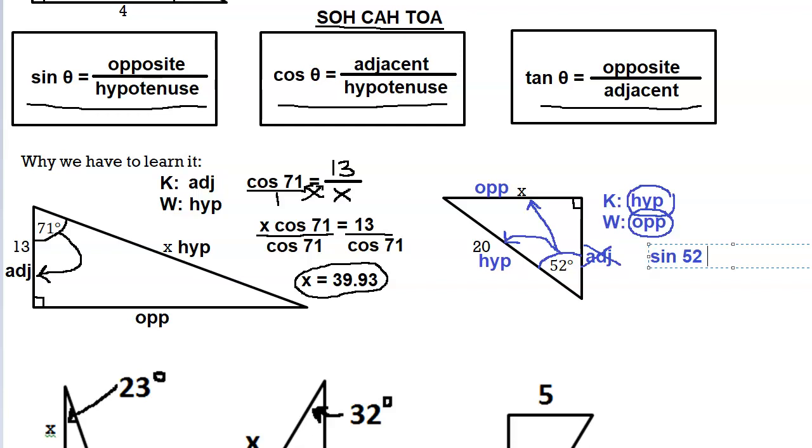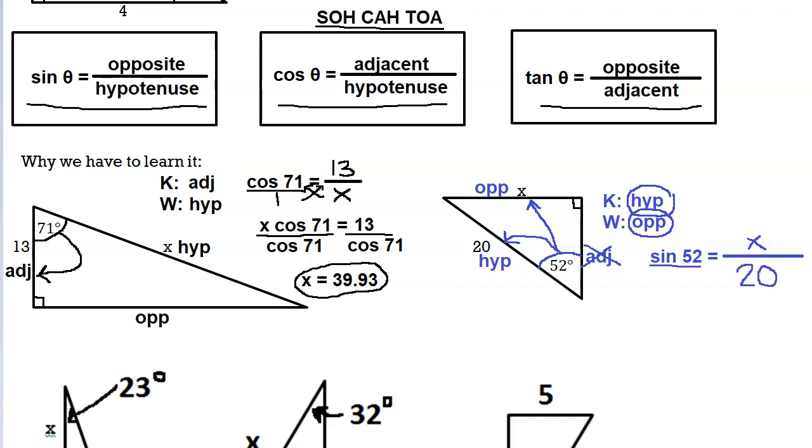We're going to use the angle that was given to us. And then we are going to set up the ratio in order, opposite on top, hypotenuse on bottom. The opposite side was x, and the hypotenuse was 20.